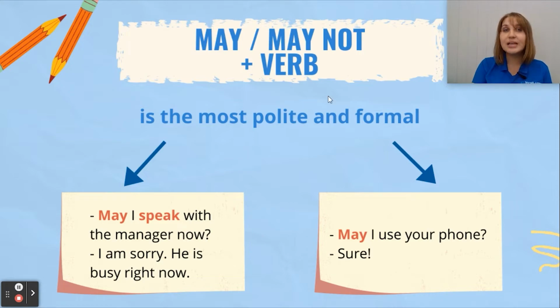And the last one is may or may not plus a verb. It's the most polite and formal way to ask for something. "May I speak with the manager now? I am sorry, he's busy right now. May I use your phone?" "Sure."